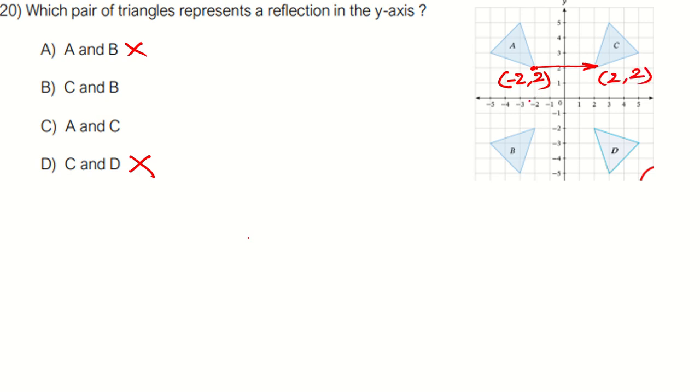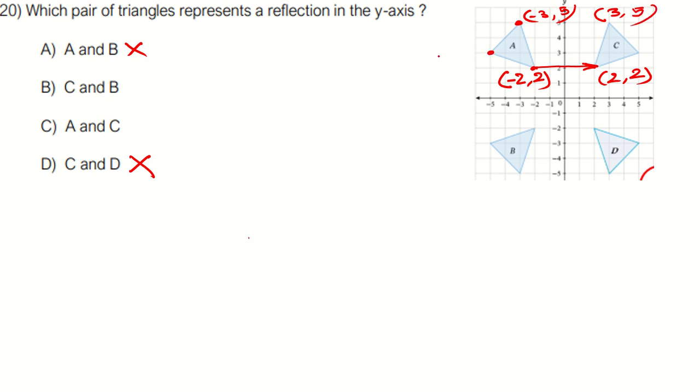Okay, it seems to be okay. Now let's check another point. The coordinate of this point will be -3 for x and 5 for y. So it is going to be 3 for x and then 5 for y. This also seems to be okay.